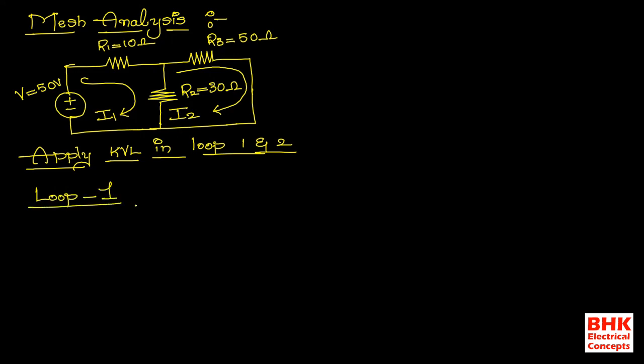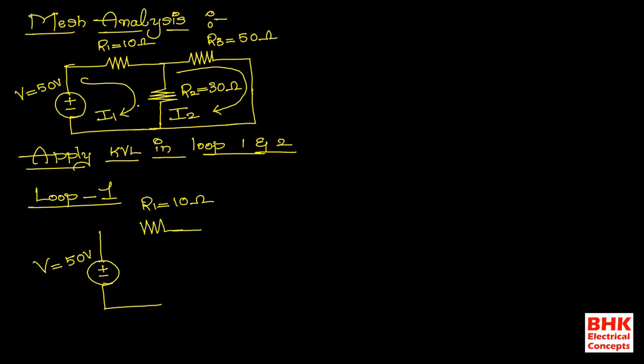While drawing the loop 1 diagram, we need to include all the components connected to loop 1. Here R1 is equal to 10 ohms, and the applied voltage V is equal to 50 volts. R2 is connected between loop 2 and loop 1.